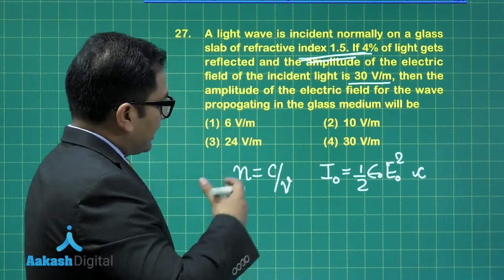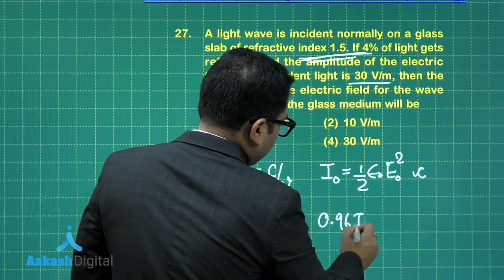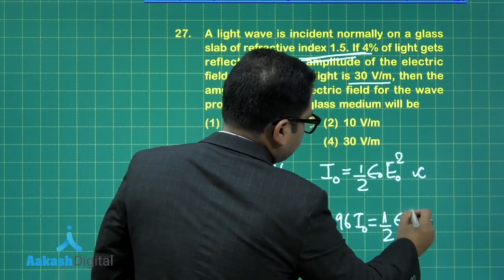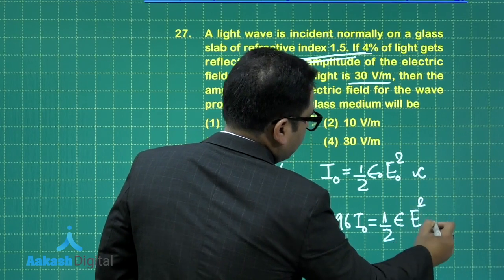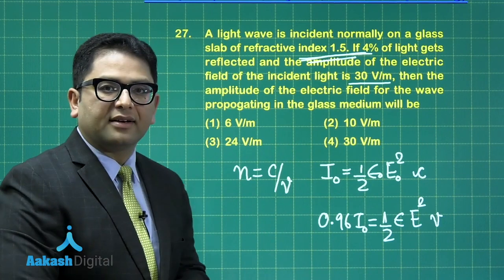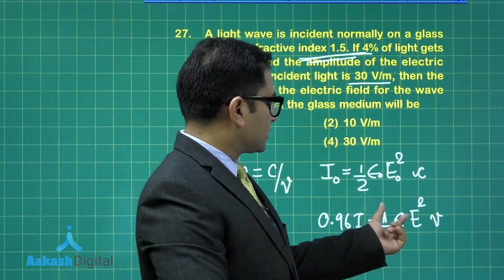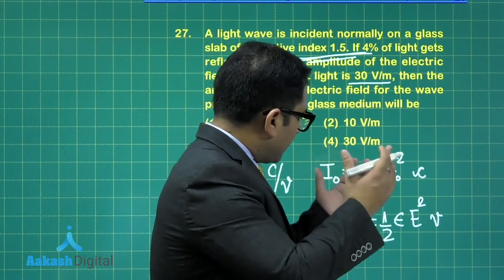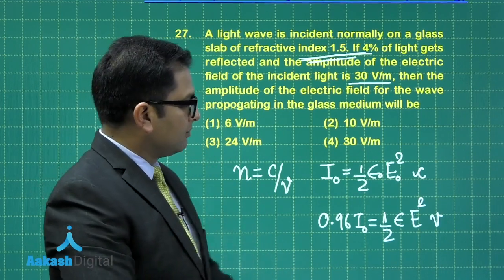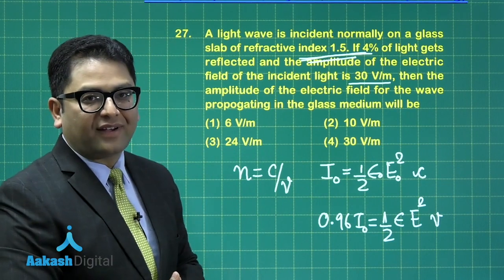Now the transmitted one is 0.96 times I naught, and that will be half epsilon into E square multiplied by V, the same thing, because it goes into the medium. And once it goes into the medium, quite obviously, the epsilon is going to be epsilon naught multiplied by epsilon r, the relative permittivity of that medium, and V is the speed of light in that medium.